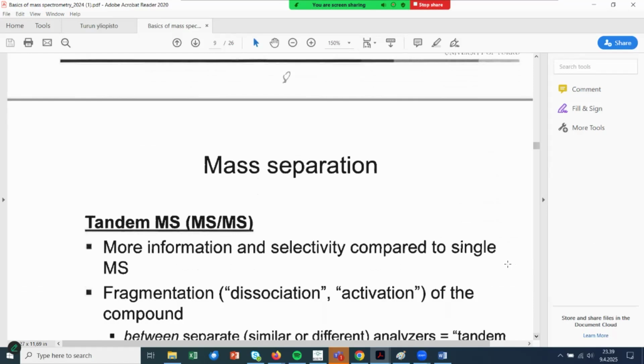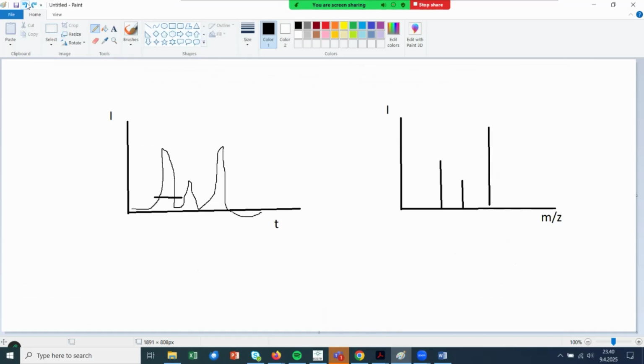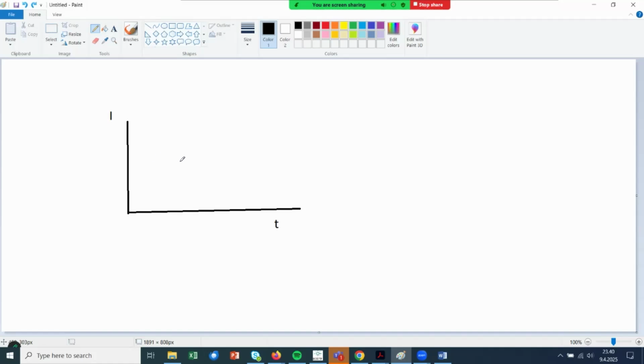Okay, then. So maybe it's good to show you a bit about this. Let's go back to this paint. So what we can do is that we can monitor only selected types of masses in our samples.